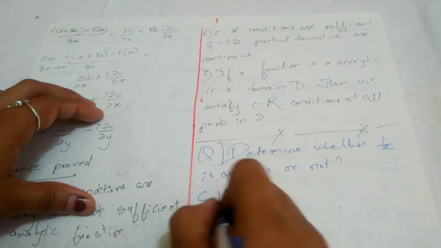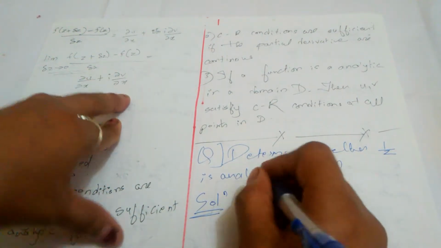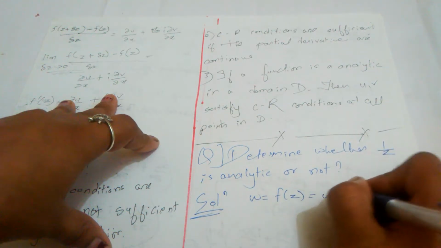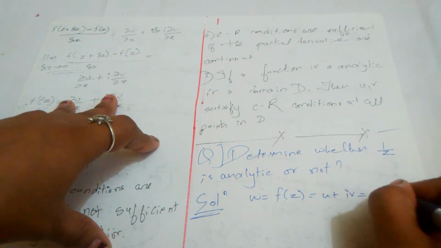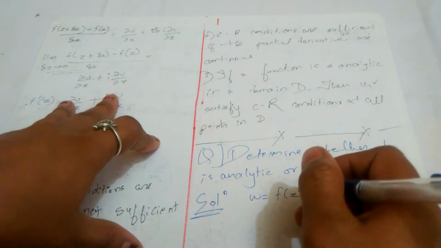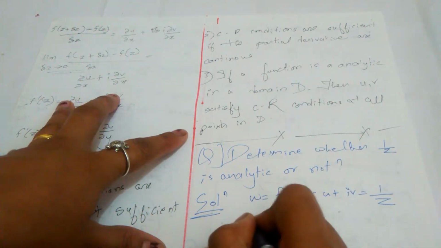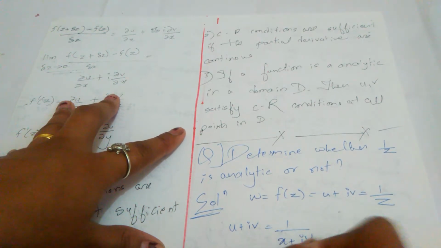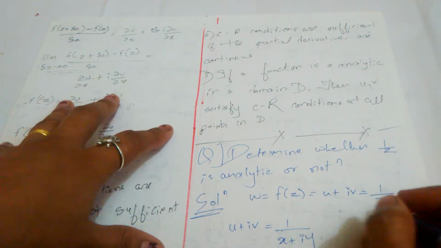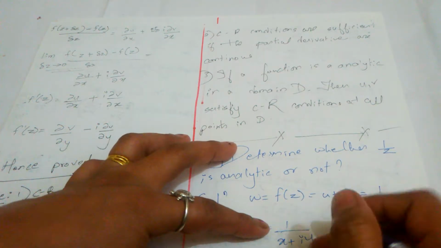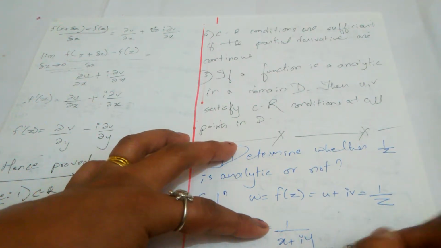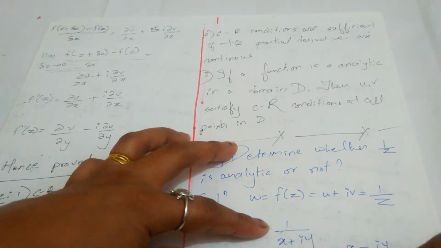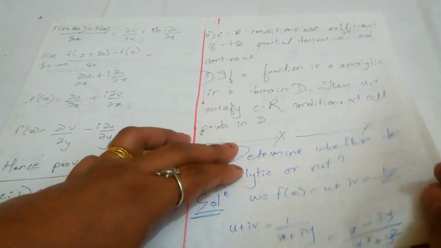So let us write the analytic equation. w is equal to f(z) is equal to u plus iv is equal to 1/z. Okay, so what is u plus iv? 1 upon x plus iy. So I can write this equation further as (x minus iy) upon (x square plus y square).